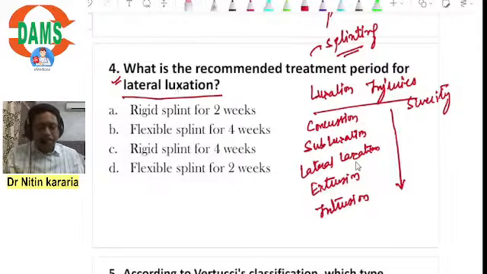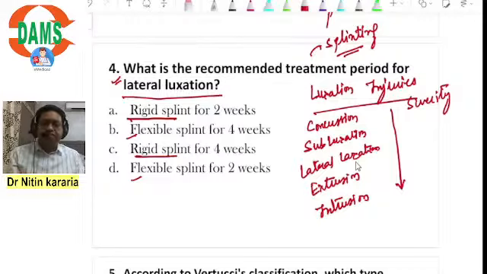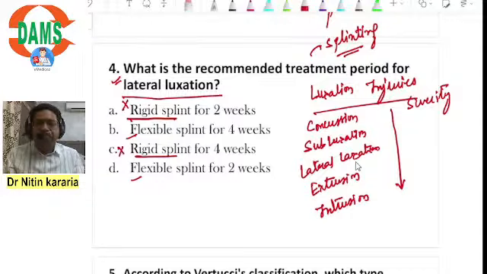The options, 2 are related to rigid splinting, 2 are related to flexible splinting. What is flexible splinting? Flexible is a passive physiological splinting that allows for physiological tooth movement. So always remember that we have to choose a passive physiological splinting for all cases of trauma. So we would rule out options A and C, which are talking about rigid splinting.